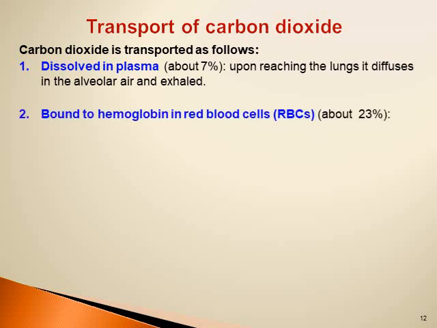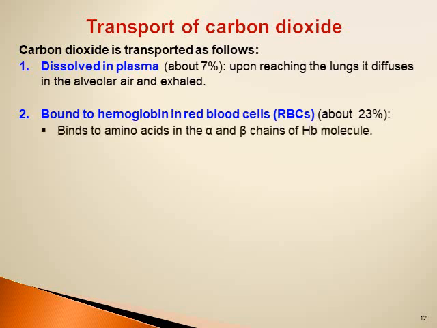The second form of carbon dioxide transport is bound to hemoglobin inside the red blood cells, and this represents about 23% of carbon dioxide transport in the blood. It binds to amino acids either in the alpha or beta chains of the hemoglobin molecule.